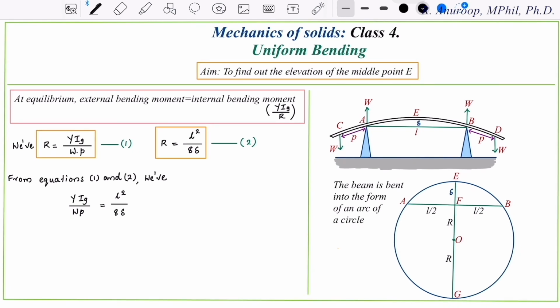What is our aim? Our aim is to find out the elevation of the middle point E, that is delta.